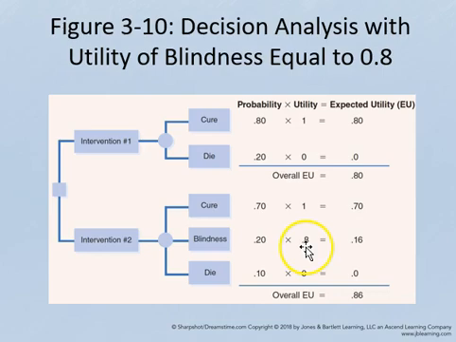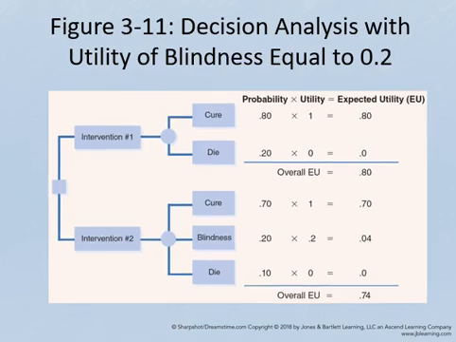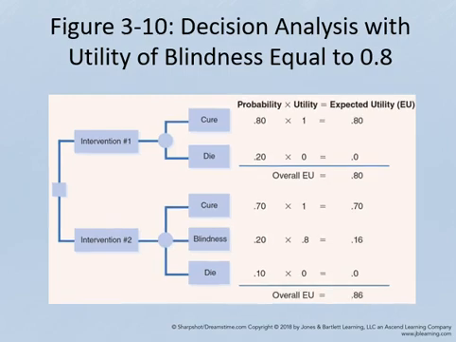And you can see here that being blind yet cured is different than on the next slide, where it's a 0.2. So you can see if you go back and forth between these 2 charts, if you look at the overall expected utility from this outcome, it's 0.8. And here with the person's utility of being blind at a 0.8, this intervention is a 0.6.